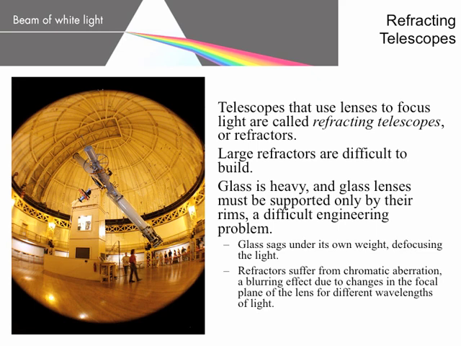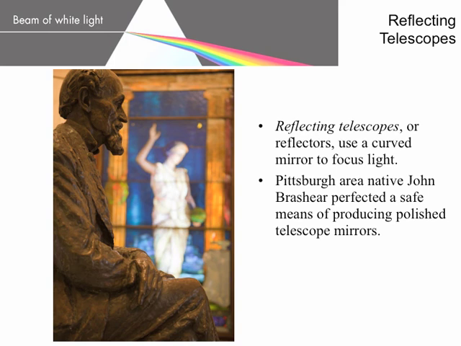It is so immense that it sags under its own weight, and it's difficult to support and to maneuver. Because of these problems and the finite size to which we could build refracting telescopes, a different idea was come up with, and that is the use of mirrors to reflect light instead of the use of lenses to bend it.